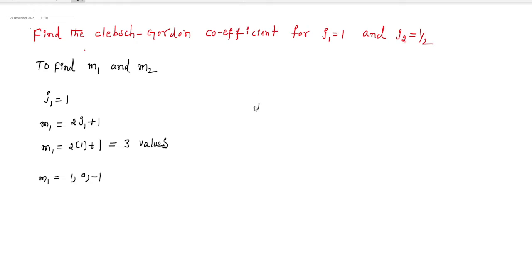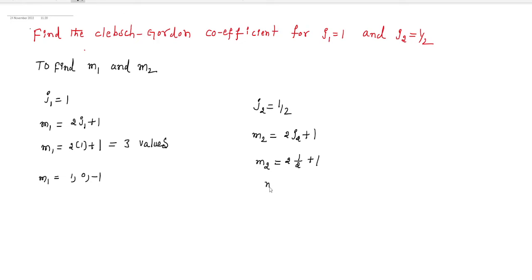Next, j2 is equal to 1 divided by 2. Similarly, we can find the m2 value: 2j2 plus 1. Substitute this j2 value here. m2 is equal to 2 into 1 divided by 2 plus 1.